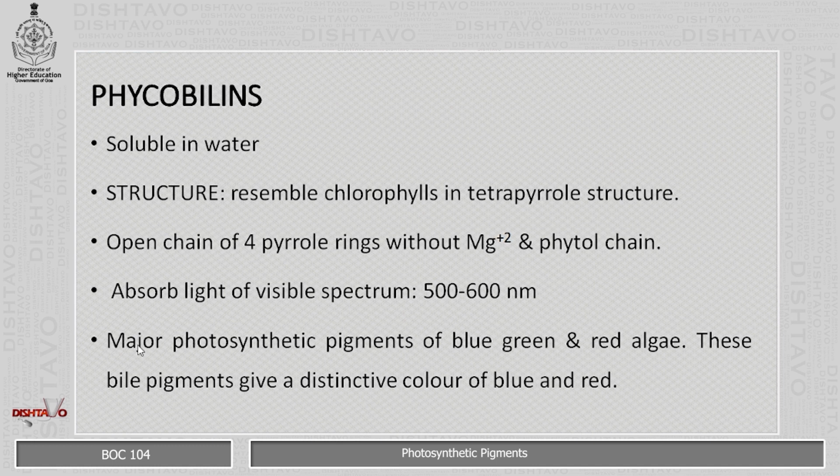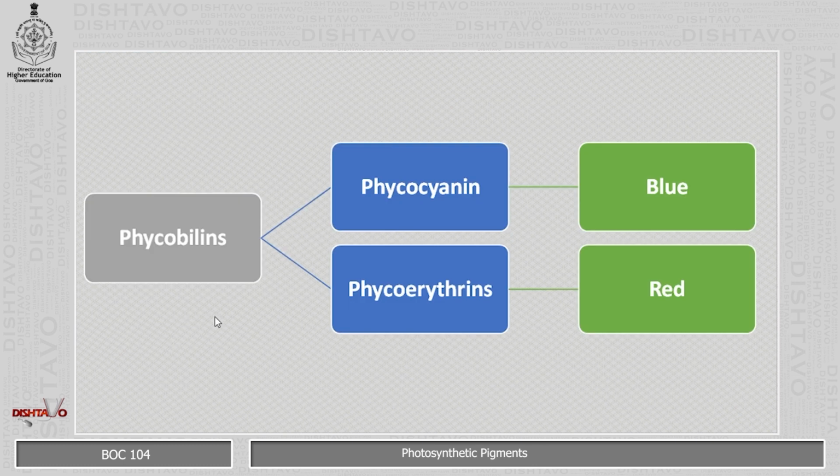These are the major photosynthetic pigments of the blue-green and red algae. It is these bile pigments which give the algae a distinctive color of blue and red. There are two types of phycobilins, phycocyanin and phycoerythrin. Phycocyanin imparts the blue color and phycoerythrin imparts the red color.